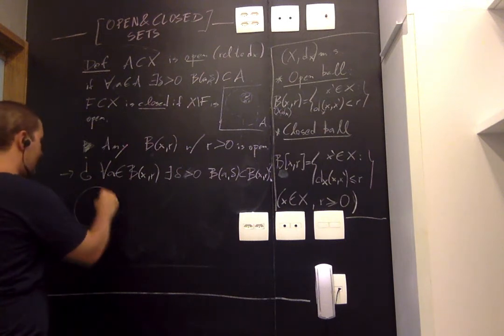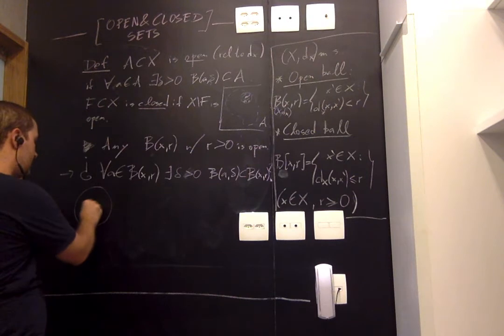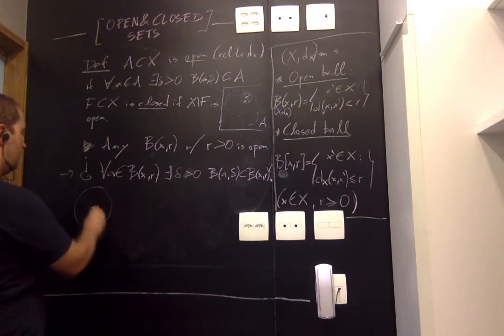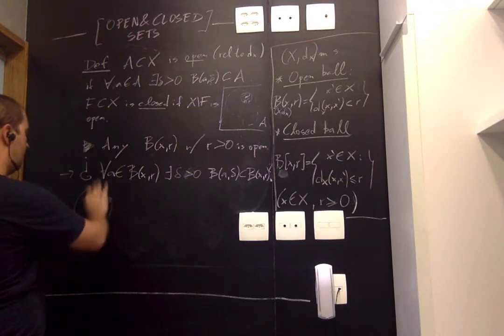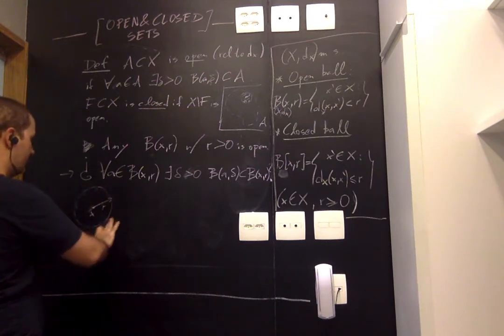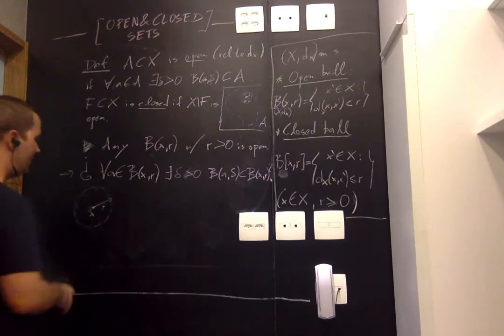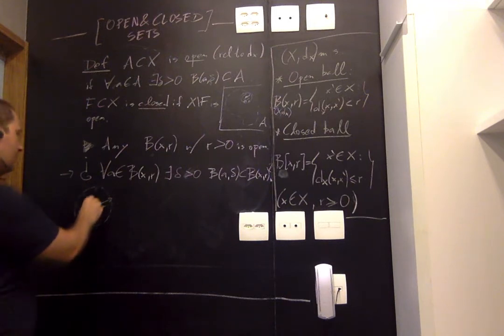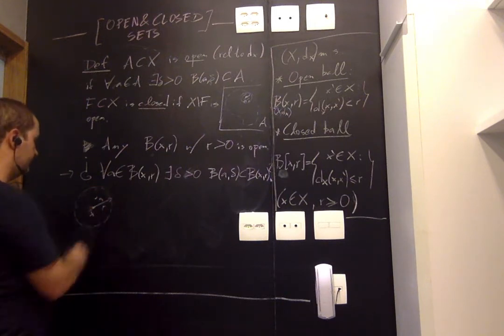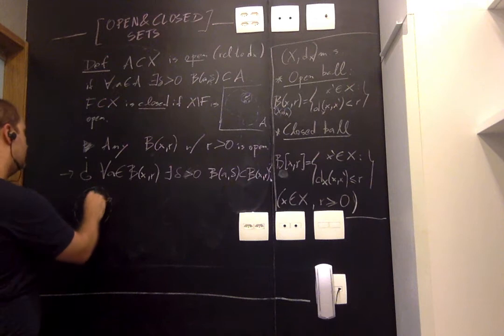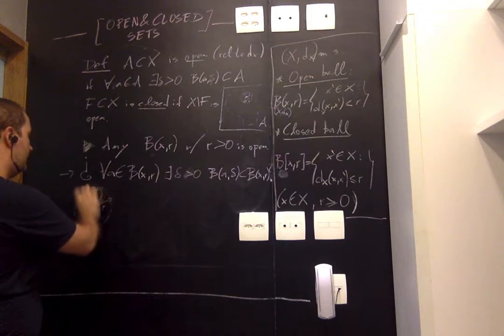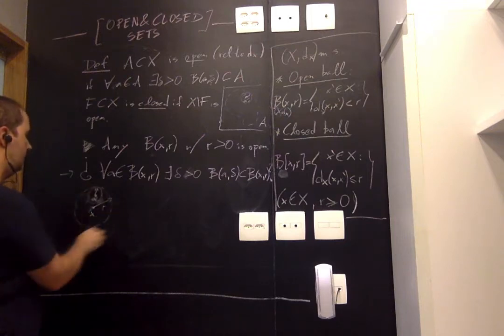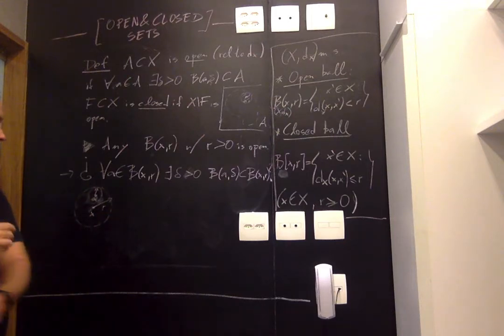I'm pretending that my metric is the Euclidean metric on the plane, but we'll eventually have to get rid of that. Here's the ball of radius r around x. I want an open ball, so I'm erasing the boundary. And then I have some point a here. I want to guarantee that my radius delta is such that if I put a ball around a, also an open ball, this ball is contained in the ball of radius r.